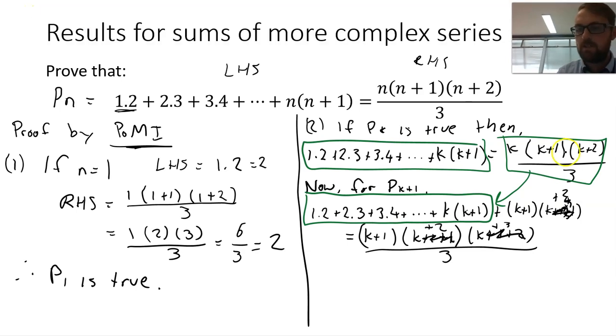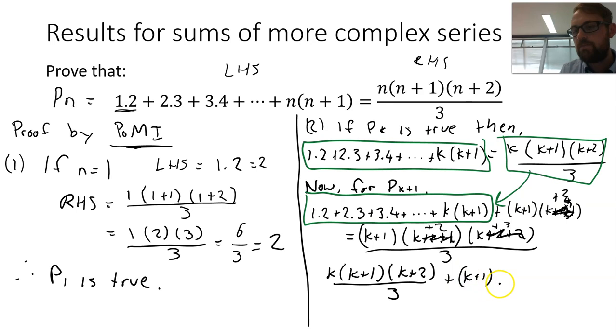So I'm going to put that in there, so I get k lots of k plus 1, k plus 2 over 3, plus I get this extra term, plus k plus 1 times k plus 2. All right, so that's our new form.